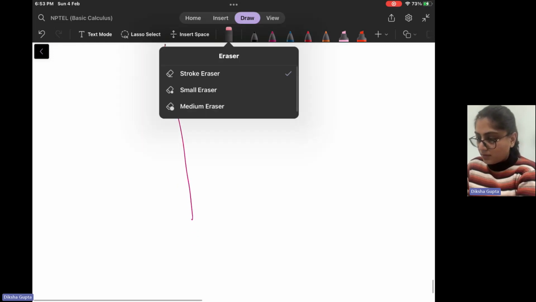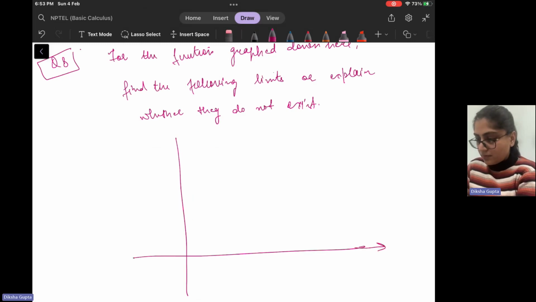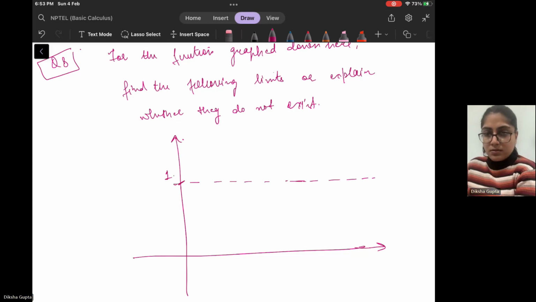I'm sorry about my bad drawing skills, but I'll try. Okay, so x-axis, y-axis. This is the line y equals 1. This is 1, this is 2, this is 3.